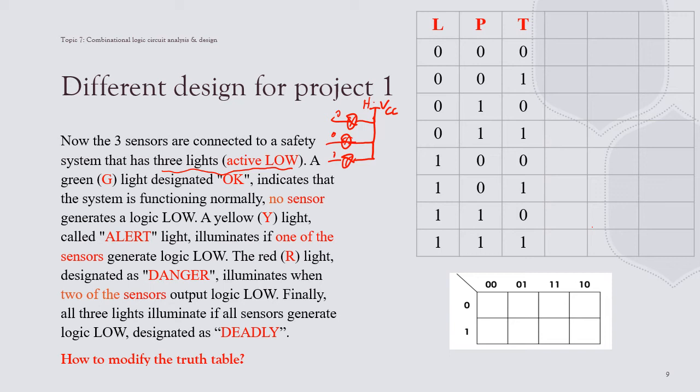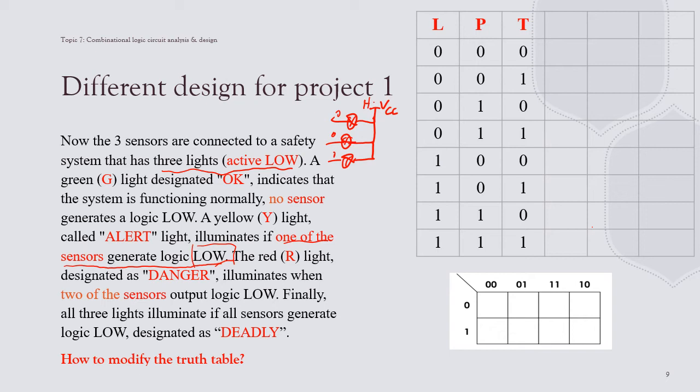But if there is one sensor that generates a logic low, okay, so now the sensors are also being defined as active low, which means if something is wrong in the tank, the sensor will give out 0, not 1 anymore. If nothing is wrong, it gives out 1. Okay, so opposite than before. Both the light and the sensor are opposite compared to the previous version.